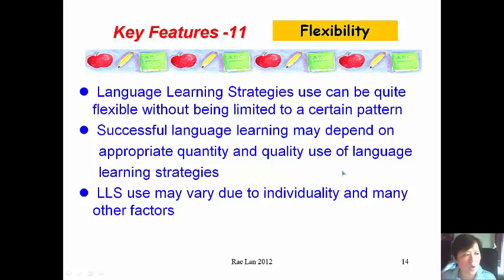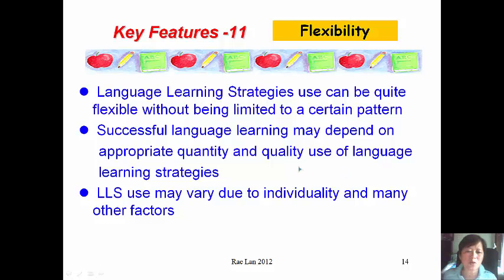For example, when you are taking a listening test, you would apply different kinds of listening strategies. The same goes for becoming a more fluent speaker, you would probably apply more social strategies.